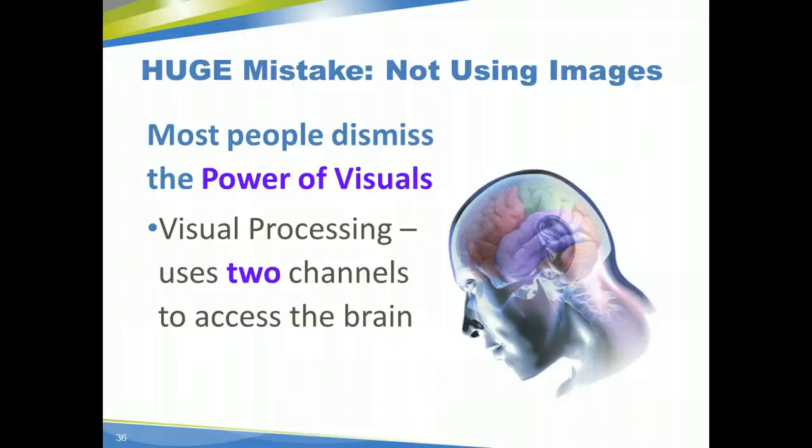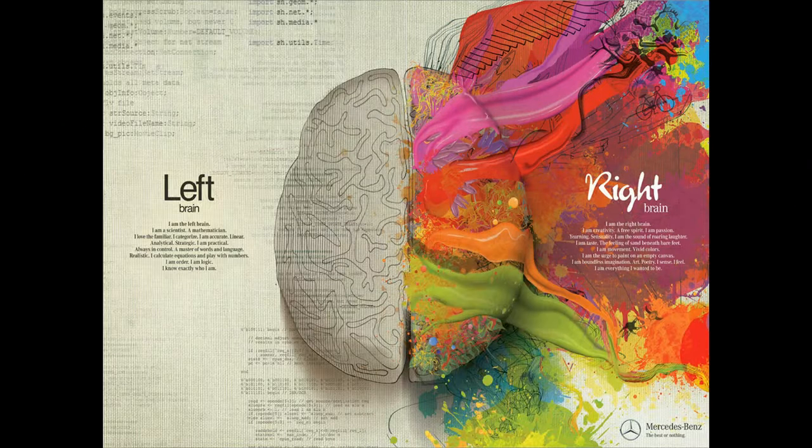But for now, I want you to understand that visual processing uses two channels to access your brain. When you look at pictures, both sides of your brain are engaged. So at Impact Communications, we want you to get used to thinking about the two channels of your brain, your left brain and your right brain.